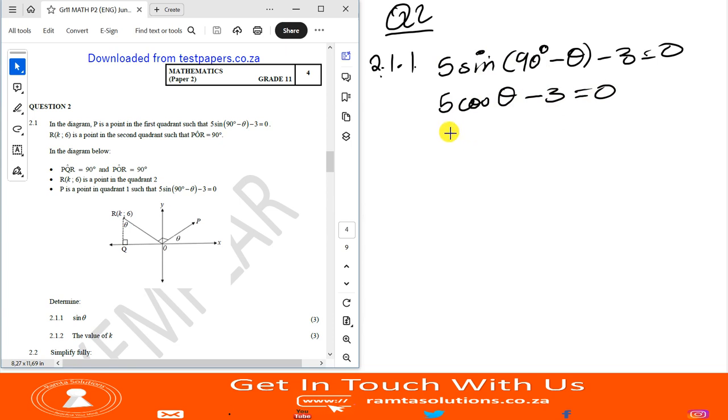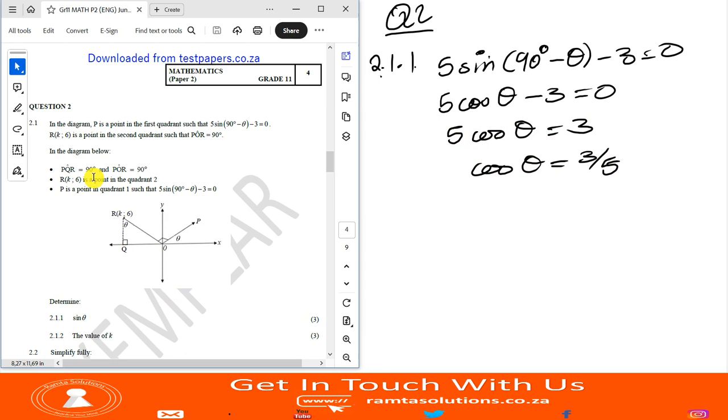So this means we have 5 cos theta equals 3. Therefore cos theta equals 3 over 5. All right, guys, we need to be careful.